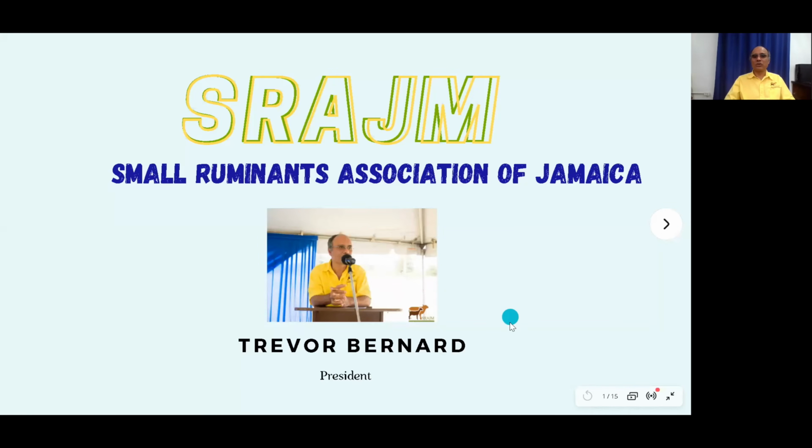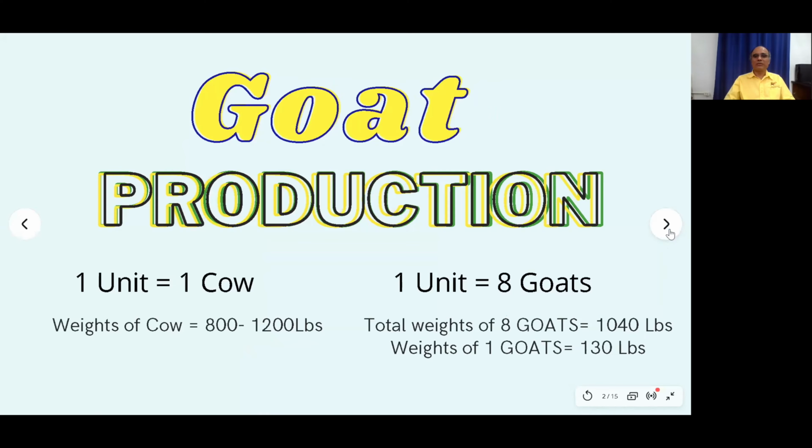So now let us look at some data. I'm comparing cows with goats and how they produce by weight. I'm calling one cow a unit, and one unit of goats is 8 goats.